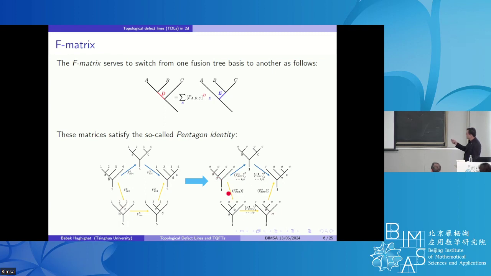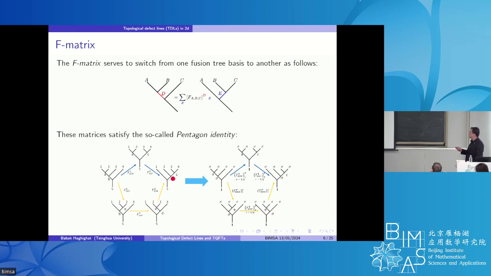So again, for this particular example, the product of all these matrices has to give you the identity, and this gives you constraints on these F matrices. Sometimes these constraints are strong enough to solve them fully, and you need them to pin down your theory. So that's another data point which you need for this kind of structure.